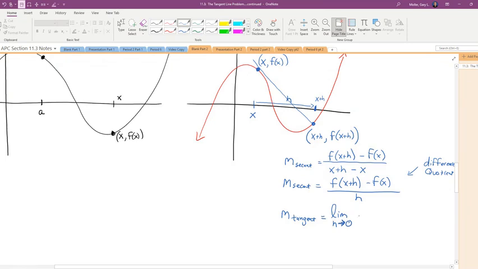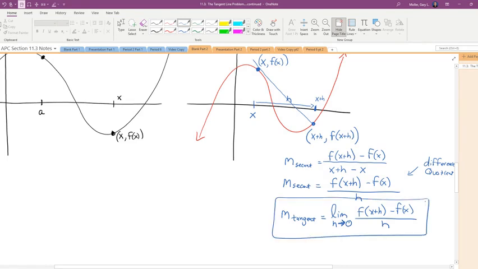And so now I have this statement right here. This right here is what's known as the general form of a derivative.